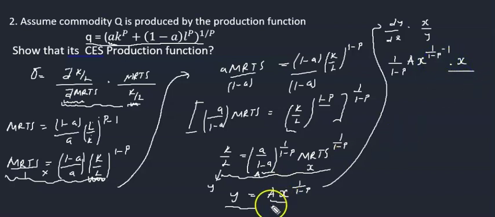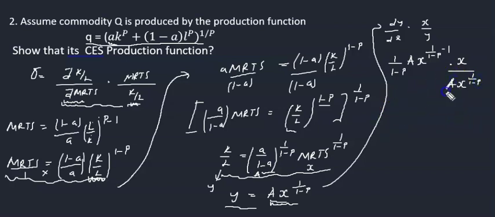And here, we're just going to replace the y value because we want everything to be in terms of x for easy computation. So we will have a x to the 1 minus b, like so.